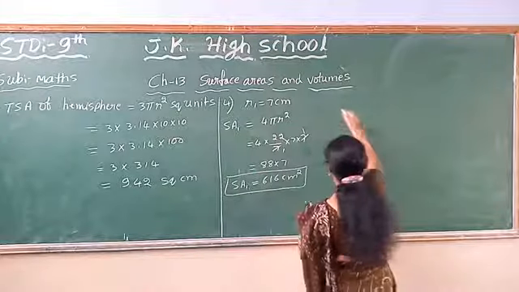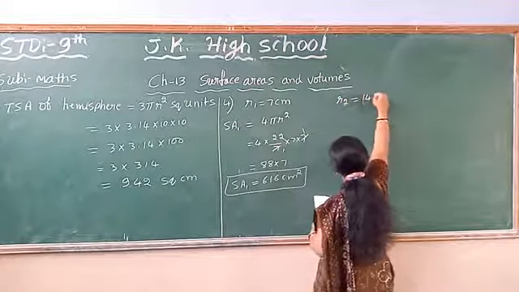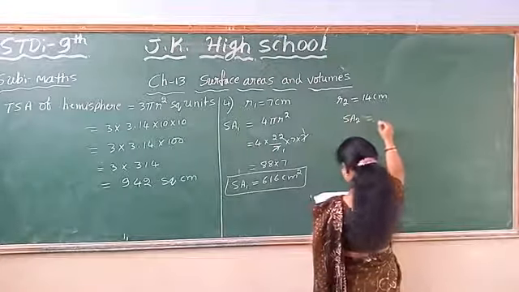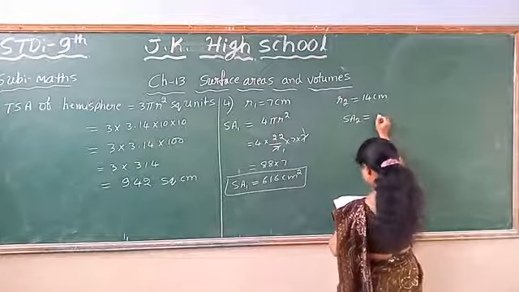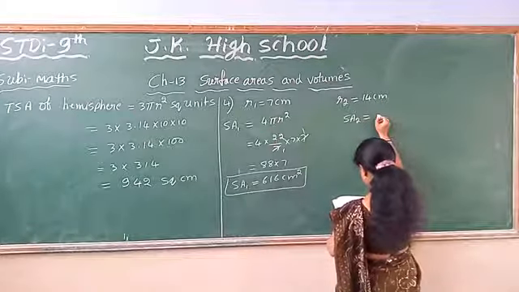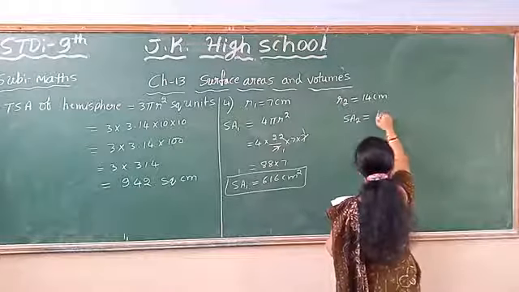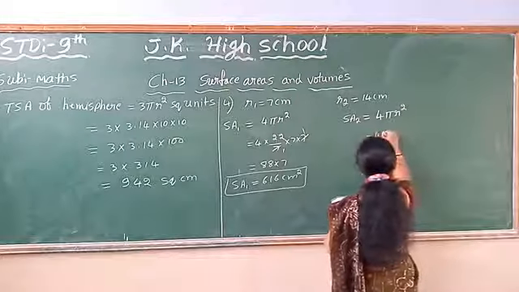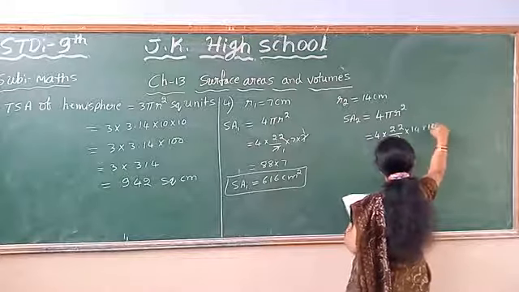And when r is equal to r2, that is 14 centimeter, then SA2 of that balloon is equal to 4 pi r square, that is 4 into 22 by 7 into 14 into 14.